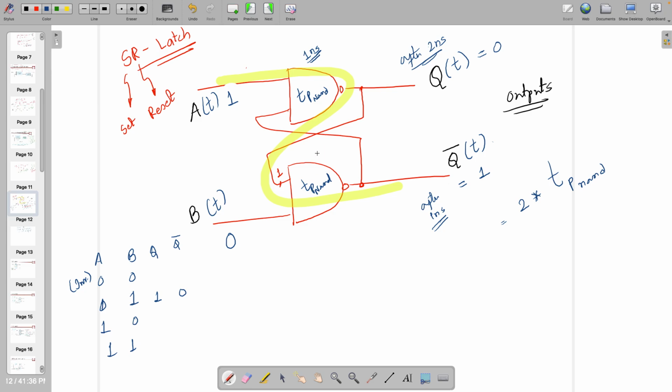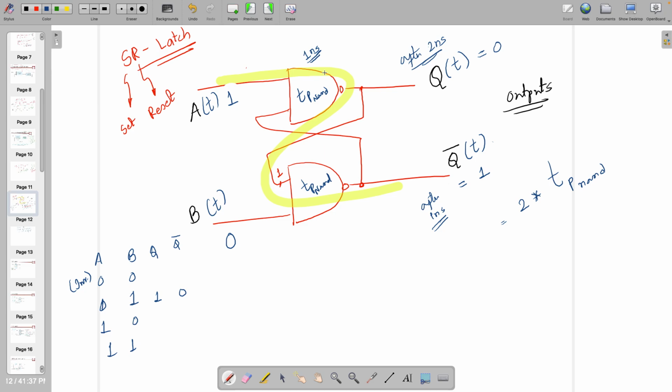By the way, the same thing can be done with the NOR gate also. You can achieve the same thing with the NOR gate, and it will give you a similar answer, but in a reverse way. We just have to understand that NOR is the one where if any input is 0, then output is 1. That is what we can use for finding out the same latch, but replacing NAND with NOR.